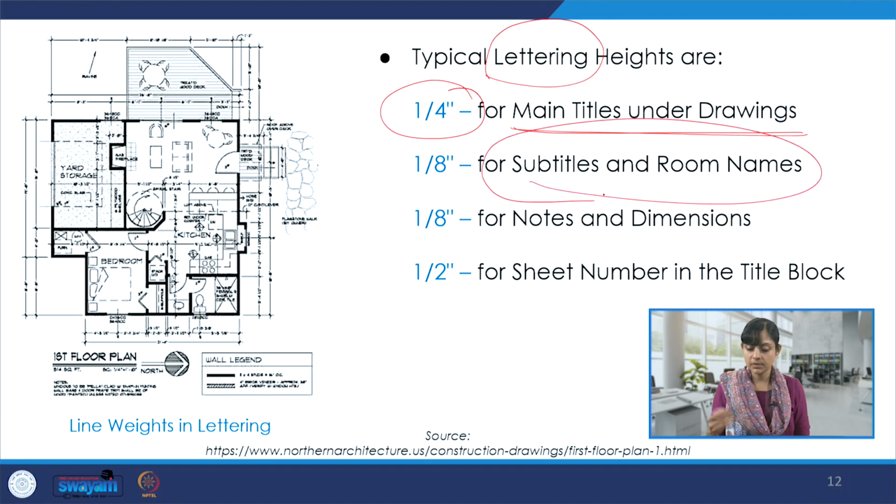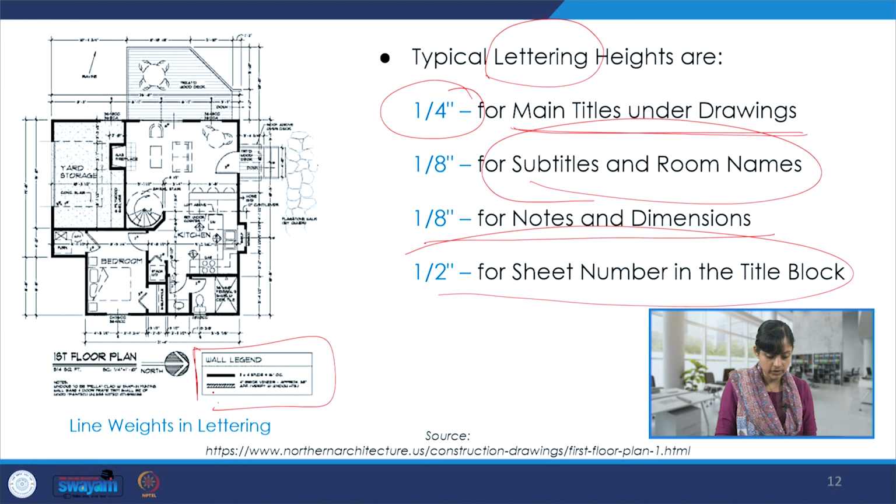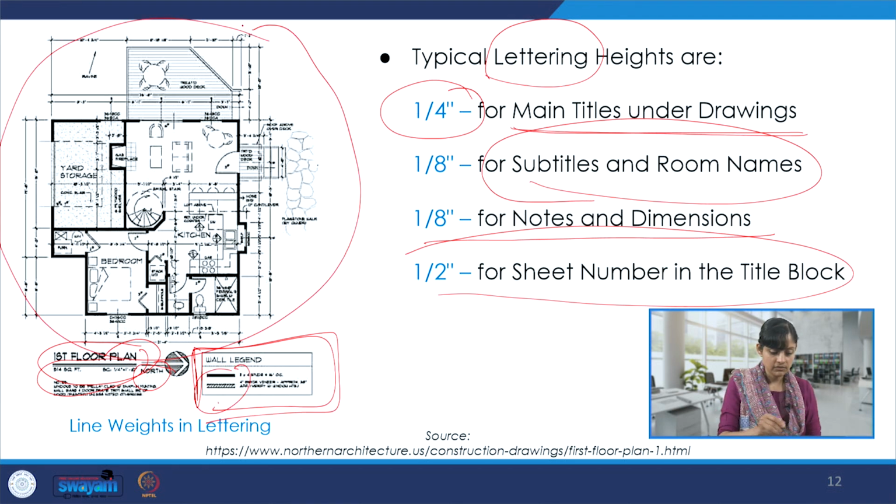Subtitles and sub-names have other dimensions. We have notes. We also have sheet numbering and title block over here. So main heading, other subheadings, the title, legend, and then within this drawing, we have other sets of information. So we have text and dimensioning over here also.